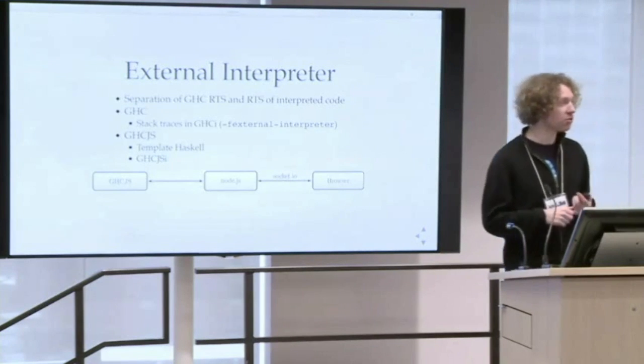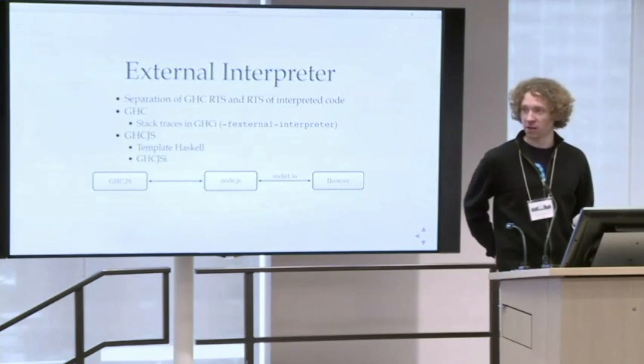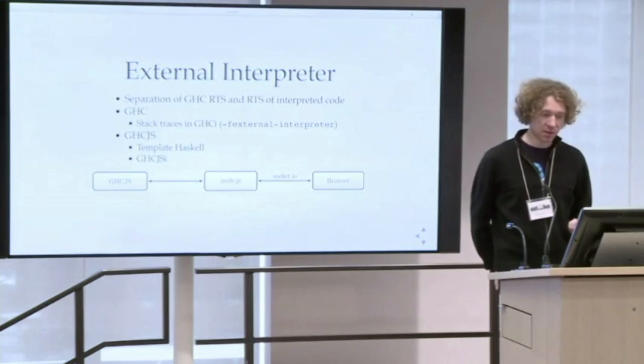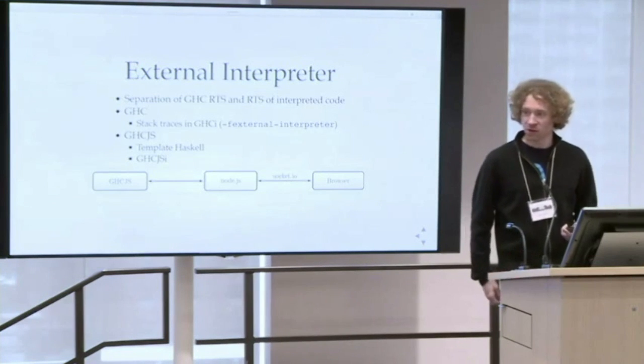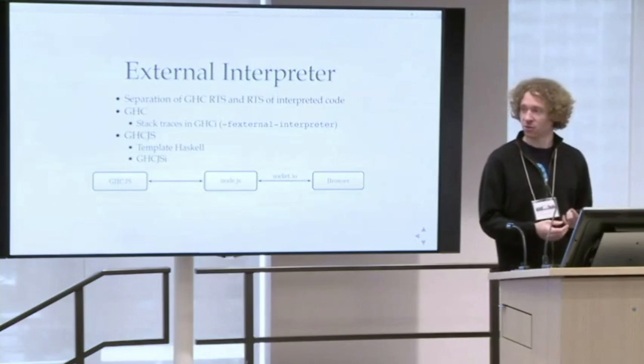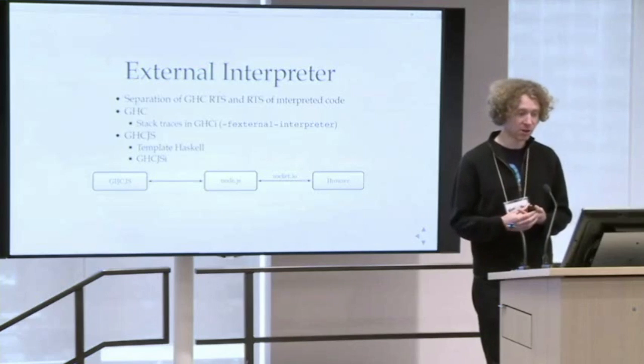Well, GHCJS had a solution for this, which had been used for Template Haskell for a while and for GHCJSi since this summer, which is having the interpretation of the code in a different process and having a message passing system between the compiler and the process actually running the code.